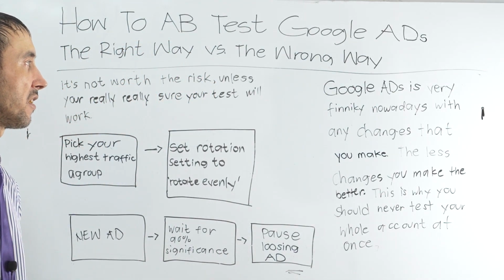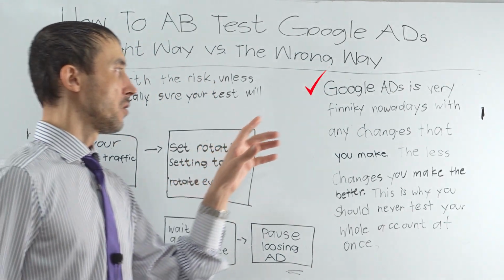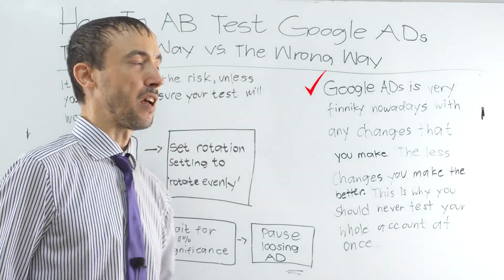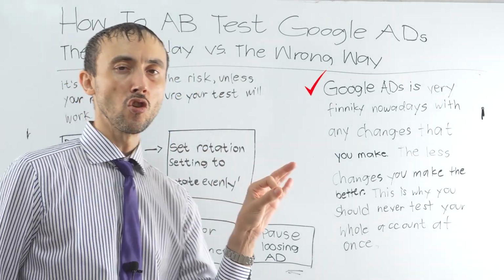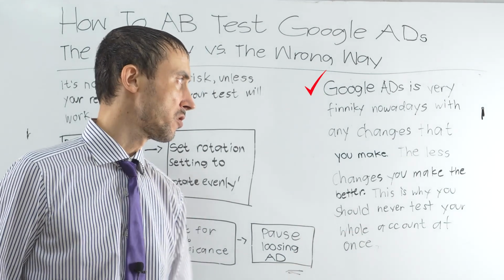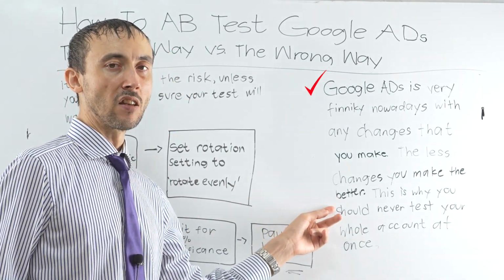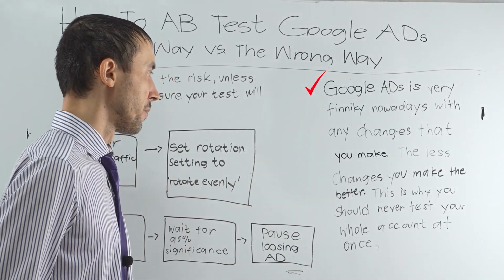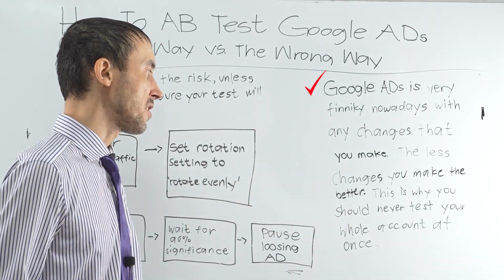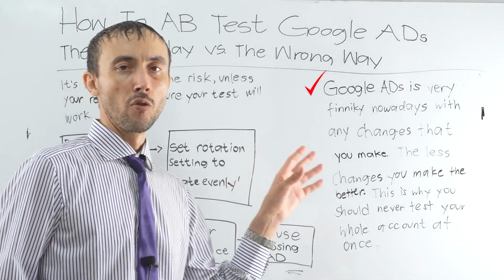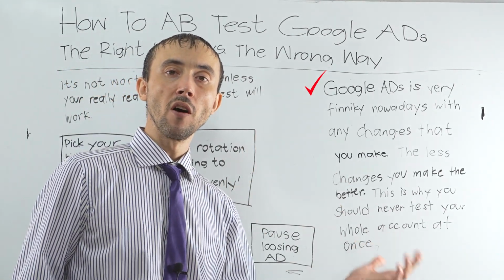So with that said, getting into the content, Google Ads is very finicky nowadays, like I said, and any changes you make are going to affect your results. The fewer changes you make inside Google Ads, the better. This is why you should never test your whole ad account at one time.